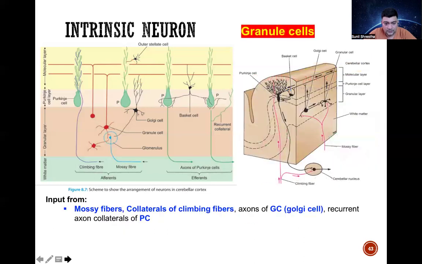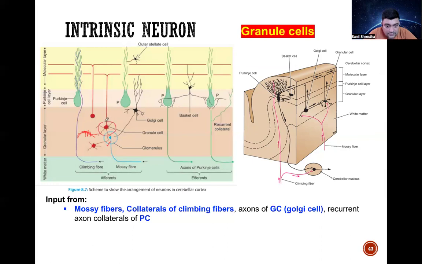Now, what are the afferents that are coming to the granule cell? The first one is the mossy fiber, which forms the glomerulus. Other inputs are the collaterals coming from the climbing fiber, some of which come into this region as well, forming input for the granule layer.